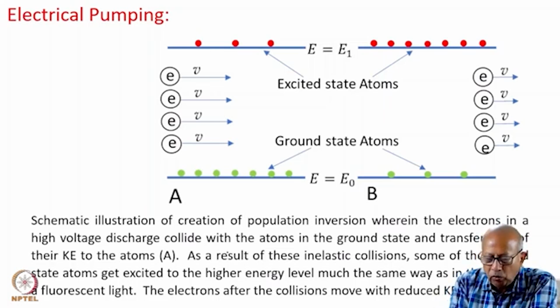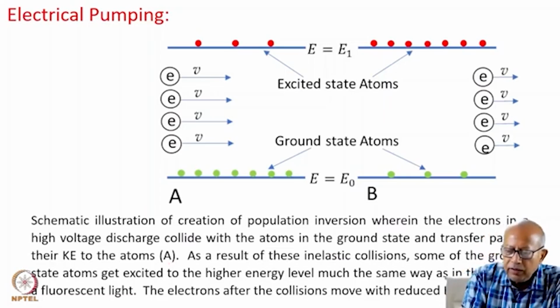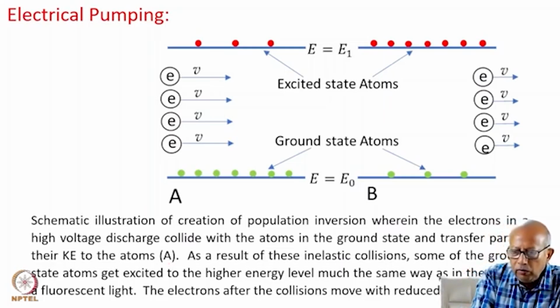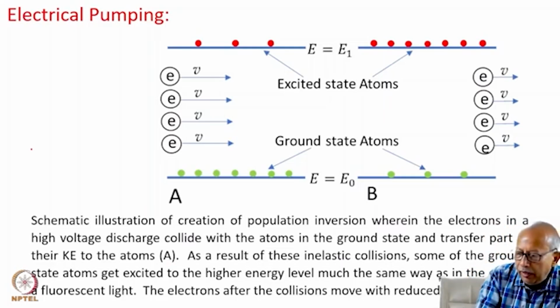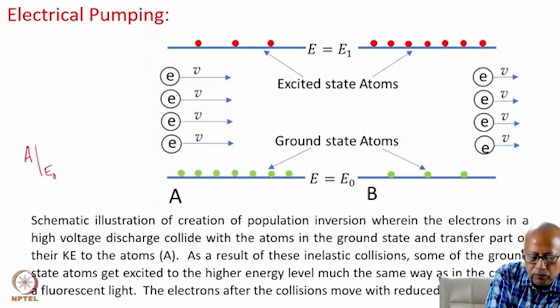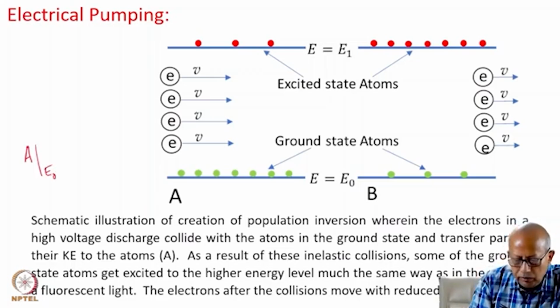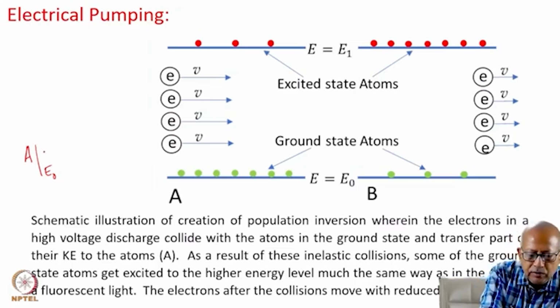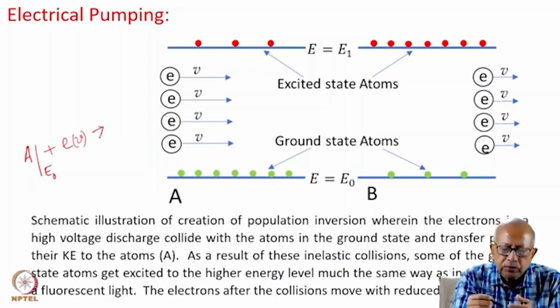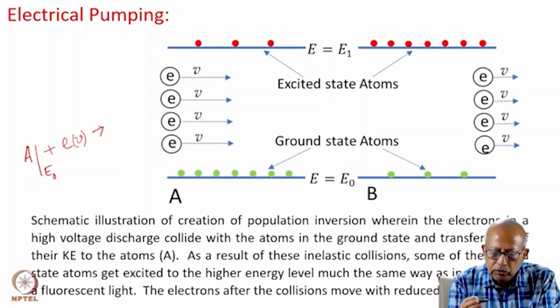The electrons in the high voltage discharge collide with the atoms in the ground state and transfer part of their kinetic energy to the atom. We call the atom A in the E0 state, that is, its energy is E0. Any electron with kinetic energy, or velocity v, transfers part of its kinetic energy to this atom.